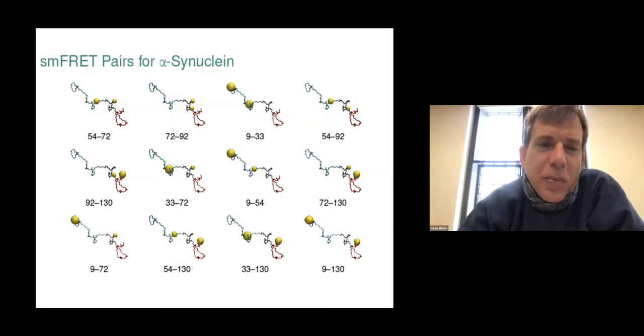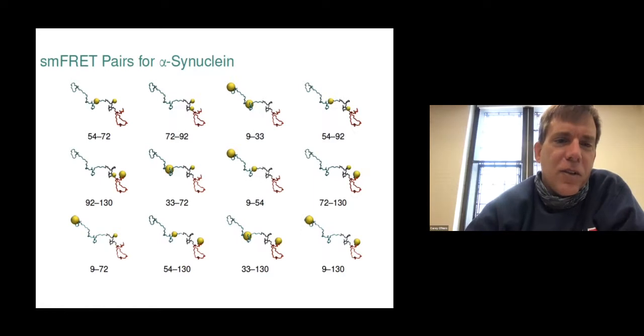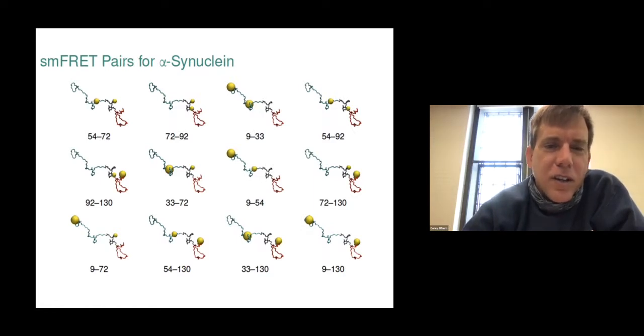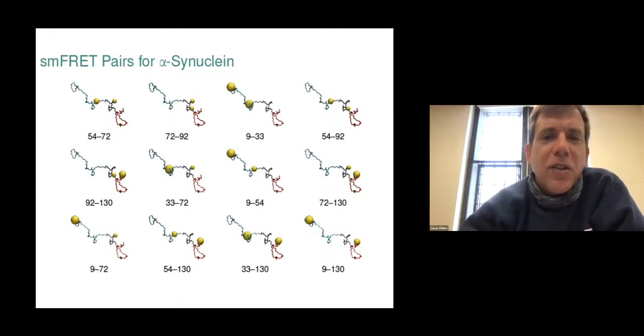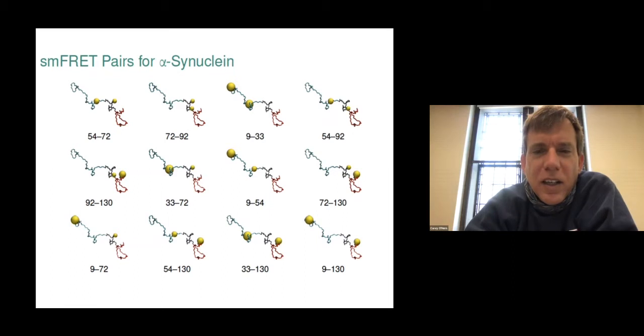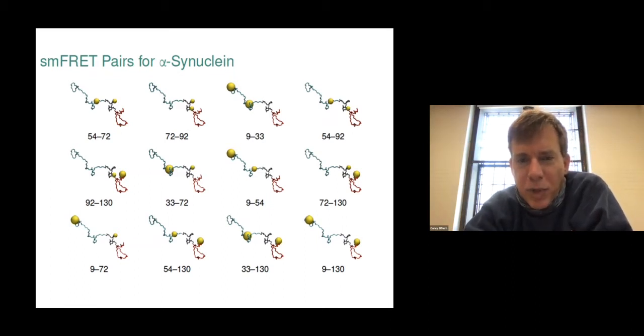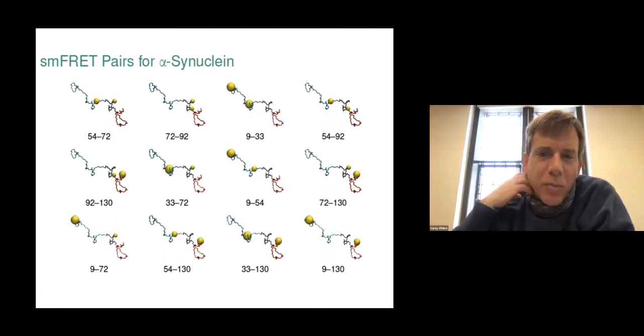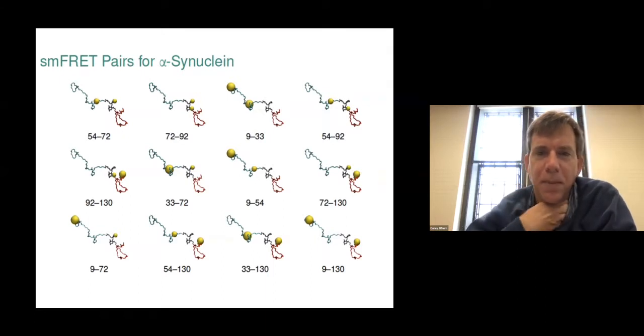So you can have a pair of fluorophores at residue 54 and residue 72, residue 72 and residue 92 on alpha-synuclein. And she had engineered this system where she had done 12, it's 4 times 3, FRET pairs on different residue pairs.